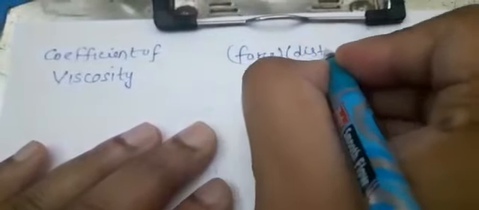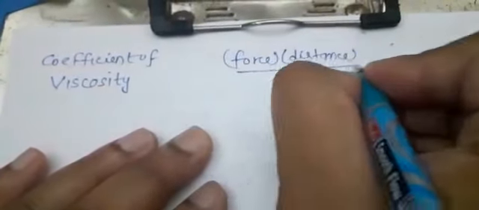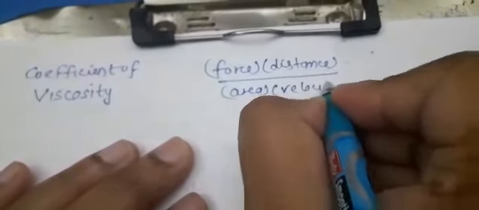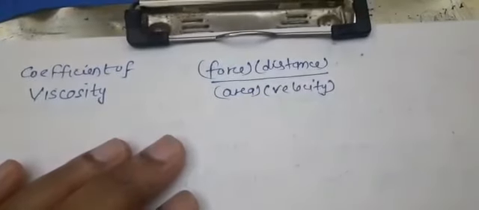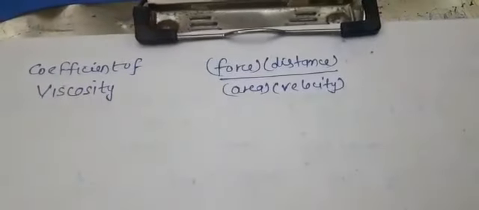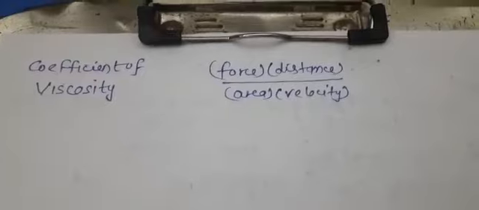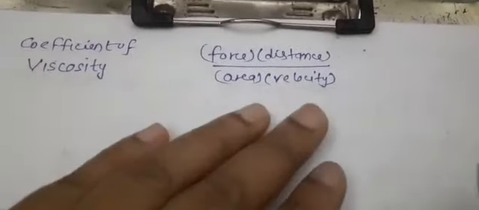This is force into distance upon area into velocity. This formula is slightly difficult to learn, but you have to learn within few days. You will get confidence over this formula.